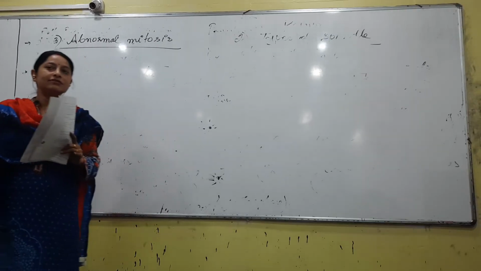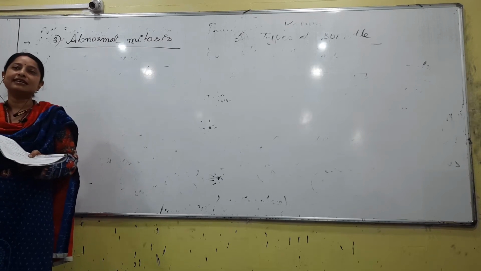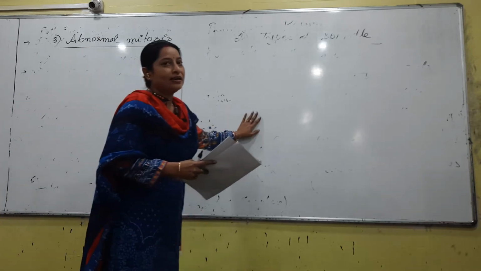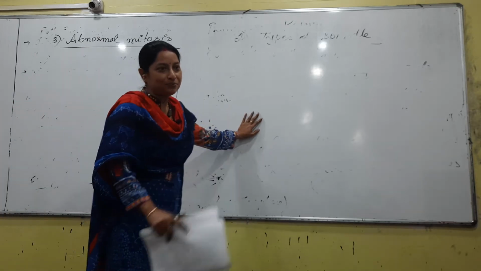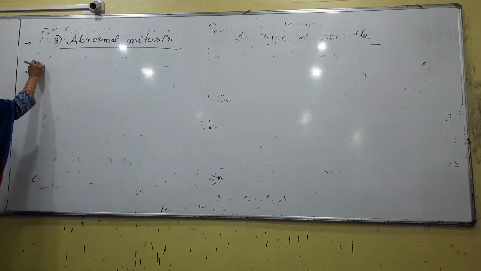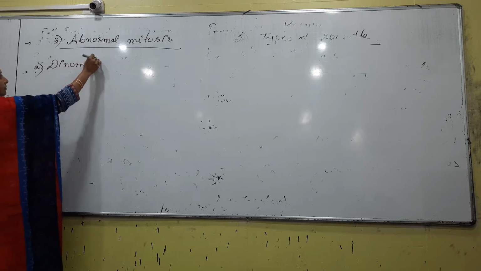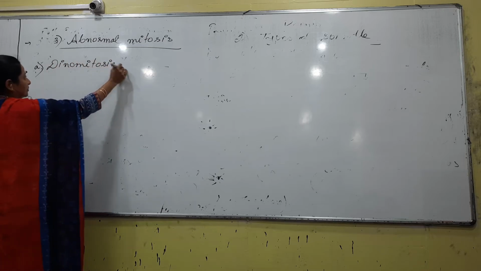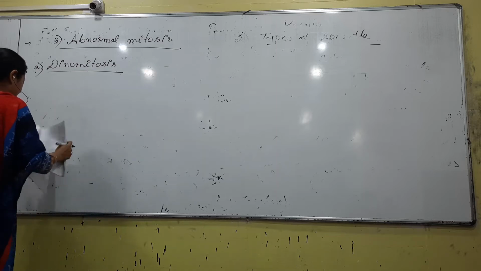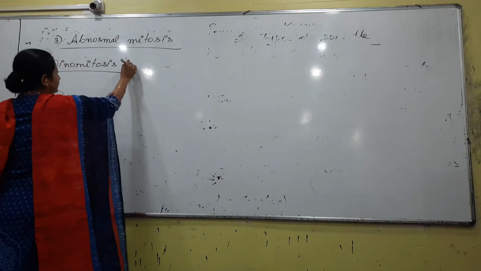So if you remember mesokaryotic nucleus, then you will remember the process. If not, then there is no way, I have to write it down. Do you have it or not? Okay, let's write. The name dinomitosis comes because we see it in dinoflagellates.